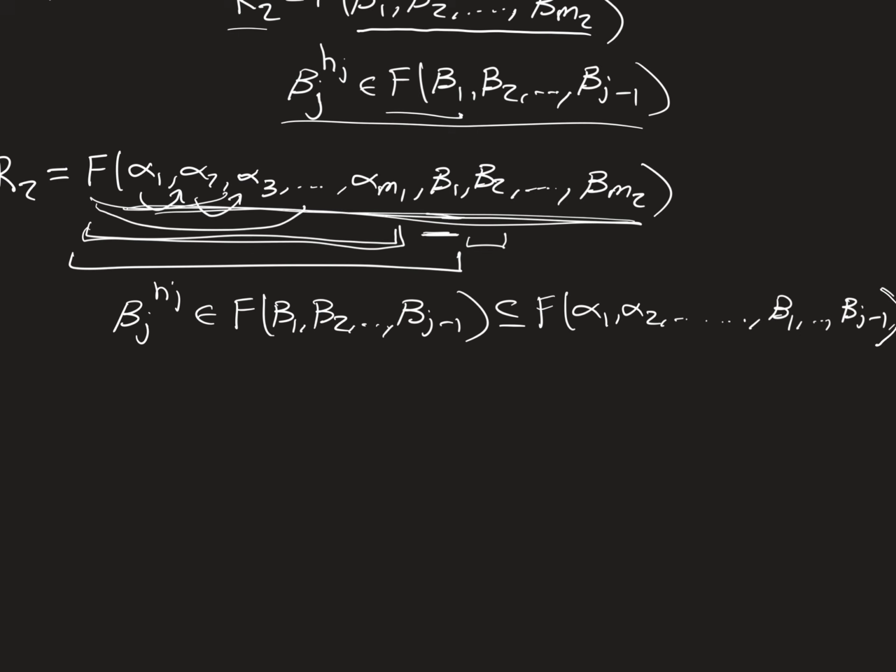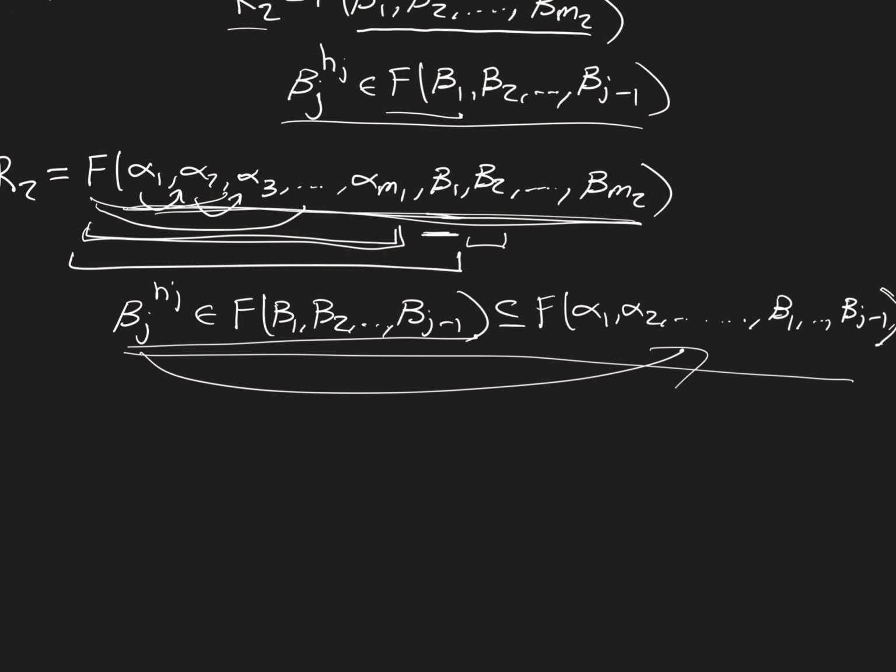Because this is a much larger field, the condition certainly still holds. So because this is in this, it's certainly true that this is in this. So the radical condition still holds.